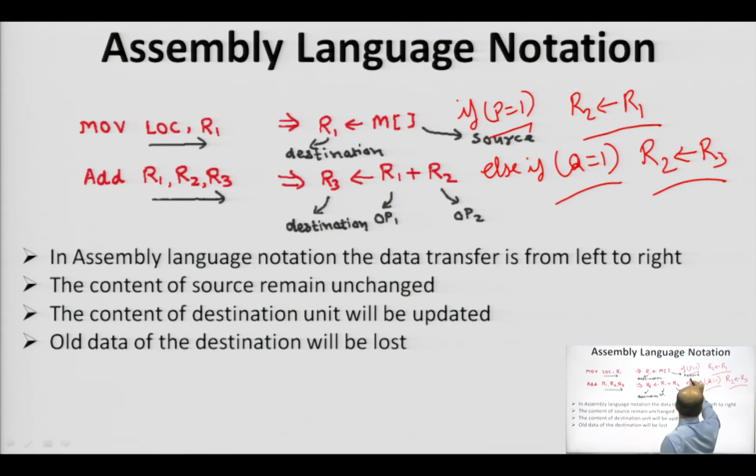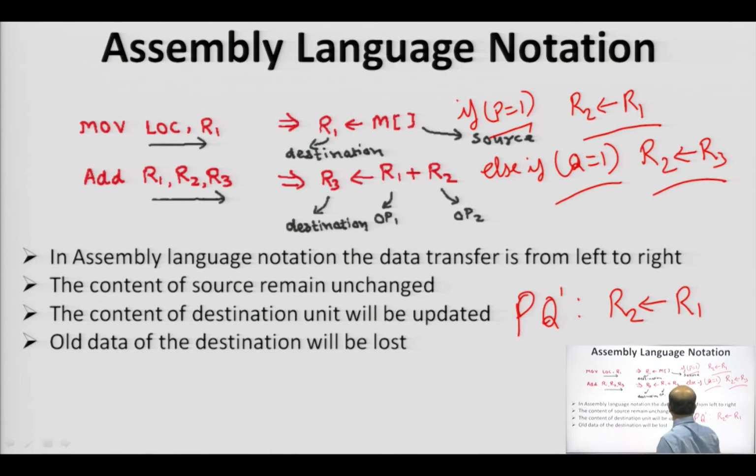If P is true, then obviously Q will be false. In that case, P Q dash, the transfer of R1 to R2 will take place.